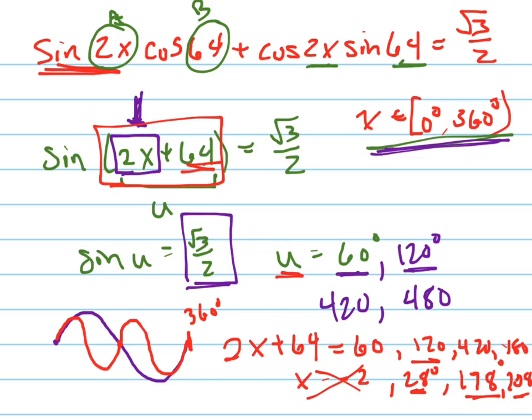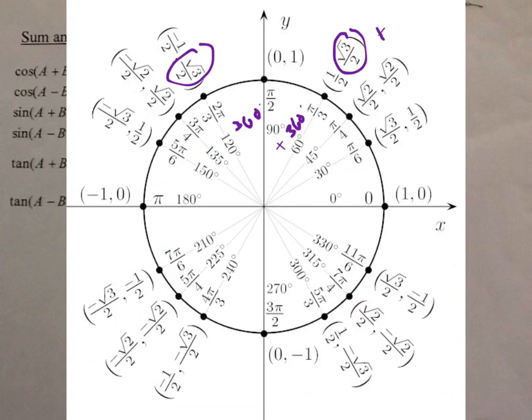Now, to be safe, I should check one more. Remember, I checked 60, I checked 120, and then I checked 420, because that's 360 plus 60. I should go around one more time, so add another 360 to that, and you get 780. I should check that just to be safe, and then if I need to, add another 360 to the other one.